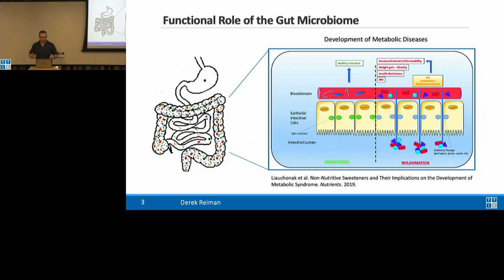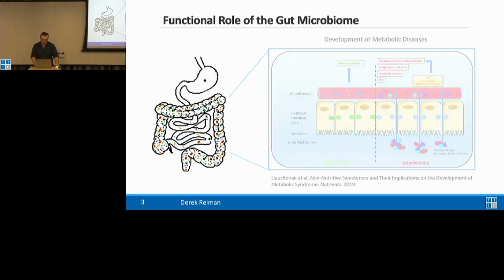But if you get some sort of pathogens or foreign particles that your body doesn't like, you can start to signal inflammation, and that opens up the tight junctions between cells to create leaky gut. Microbes and molecules can go out, and you can start to see things like IBD or inflammatory bowel disease, obesity, insulin resistance, and all sorts of nasty things.